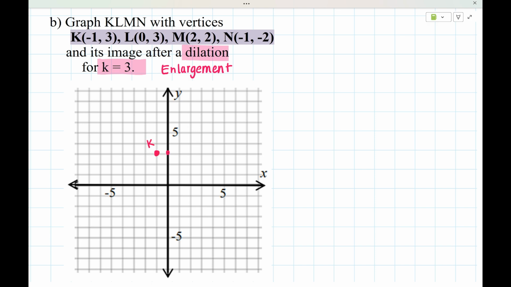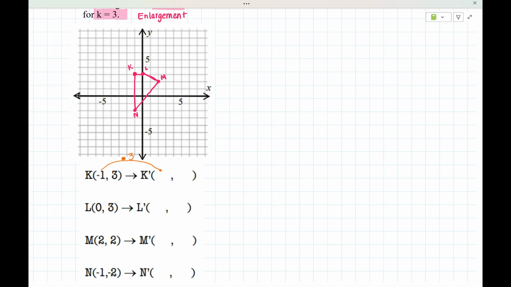Let's graph these 4 points, K, L, M, and N. We get this quadrilateral because we have 4 sides. Let's multiply each of my ordered pairs by 3.